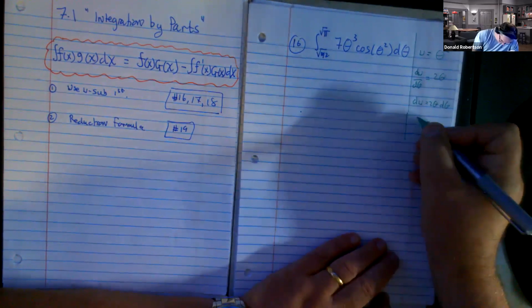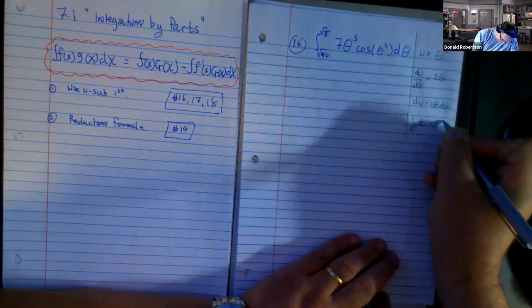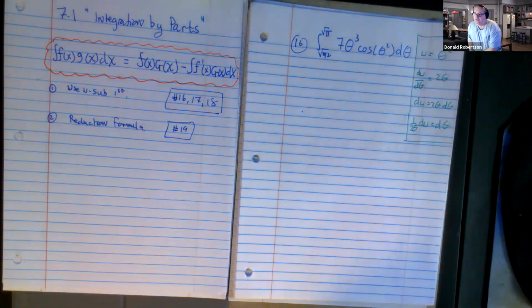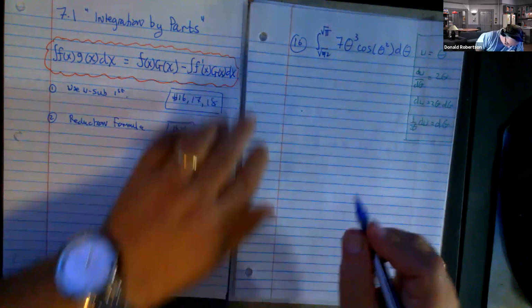I'm just going through the standard process. You're comfortable with the U-sub, right? We've done 100 of those by now, so you should be good at them. As I said, we're going to pretend those limits of integration aren't there.